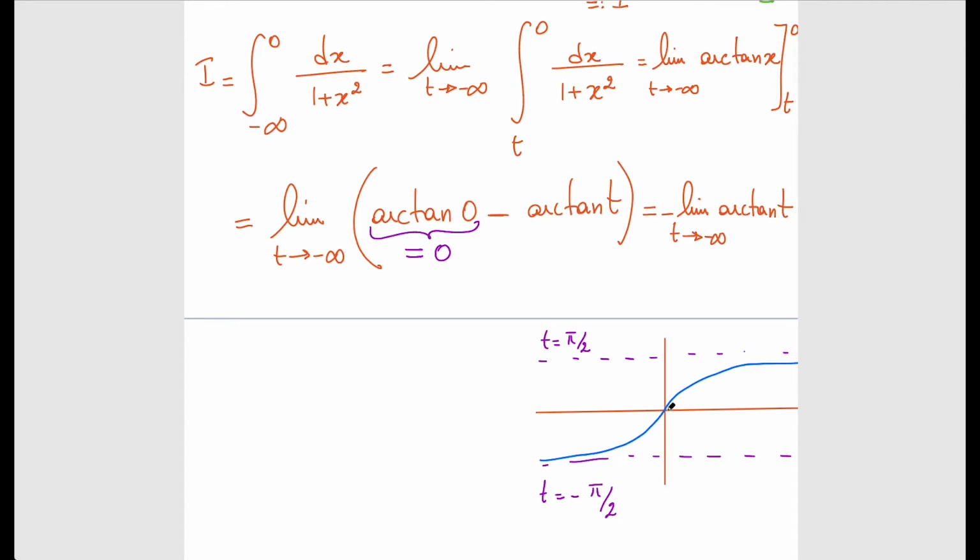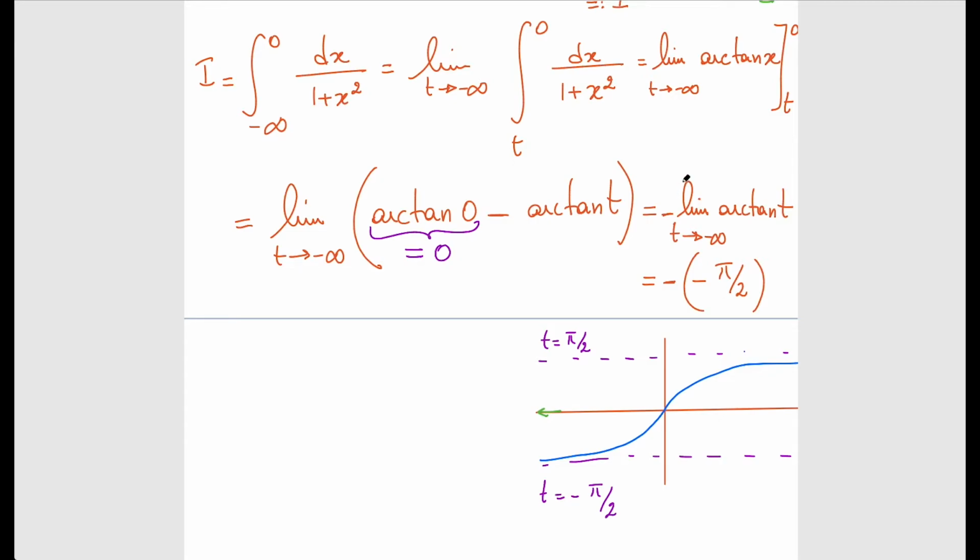So arctan of 0 is 0, and as t goes to minus infinity, as we're going this way, the function is getting closer and closer to minus pi over 2, right? So that's going to be equal to this minus, and that value is minus pi over 2, correct?